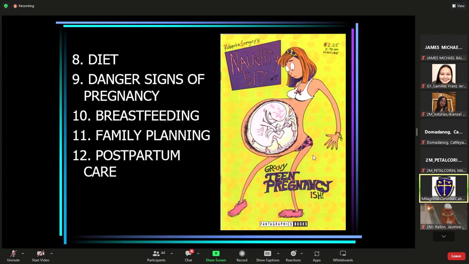Ang oxytocin, nakaka-contract yan ng uterus. Papaanakin mo na ang patient niyan. Okay? Yung kanyang kabaliktaran, ano yun? So, yung oxytocin belongs to oxytocic drugs that is used to contract the uterus. Ang akin tinatanong is to stop the contraction.